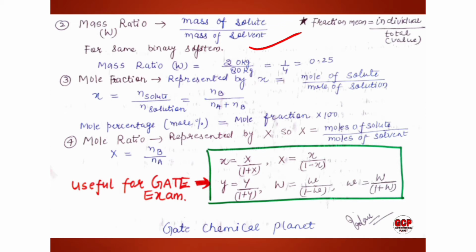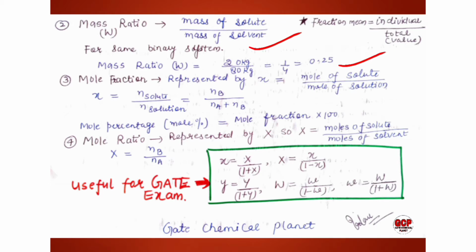For a binary system, mass ratio equals 20 kilograms divided by 80 kilograms, which is equal to 0.25. Mass ratio is represented by capital W. So I think mass ratio is clear to all the students. Here I have also written that fraction means the individual value divided by the total value.